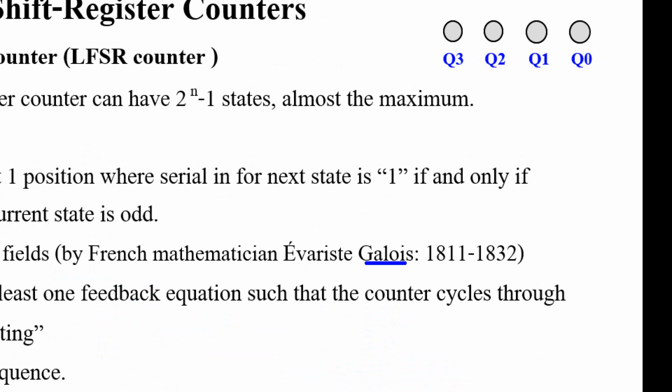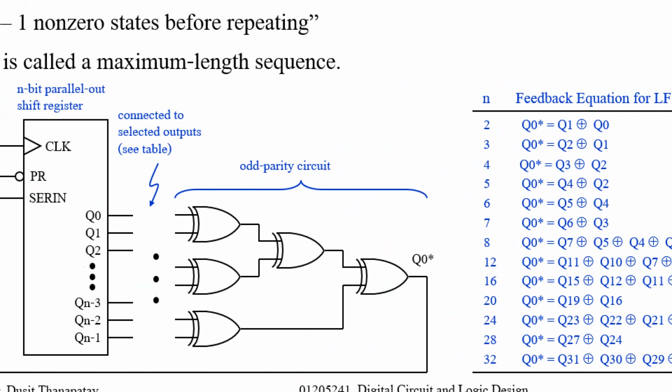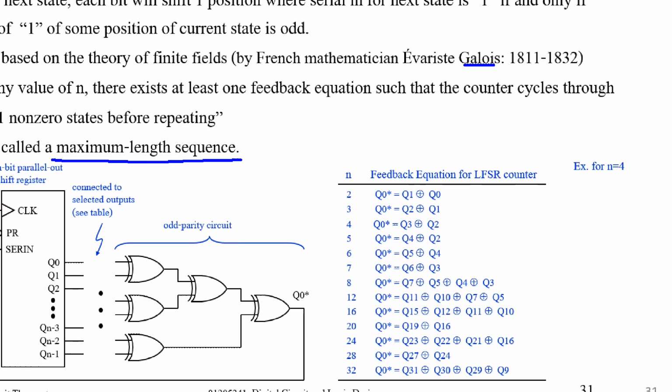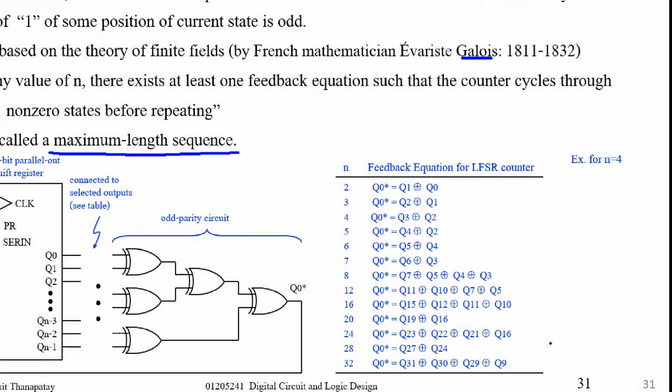For example, this one. Okay, this is the feedback equation to obtain the maximum length sequence. Okay, for example, if you use 4 bits, you will check whether Q3, Q2 are different or not by using the XOR function.